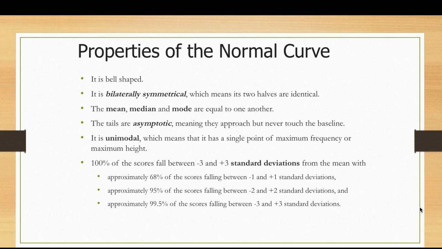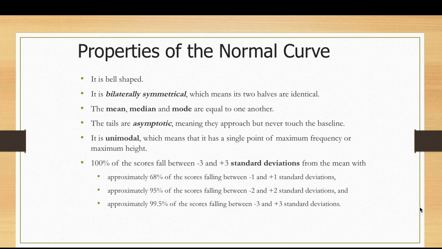So now let's talk about the properties of the normal curve. Just to hit the high points here, 100% of the scores fall between -3 and +3 standard deviations from the mean, with approximately 68% of all scores falling between -1 and +1 standard deviation.